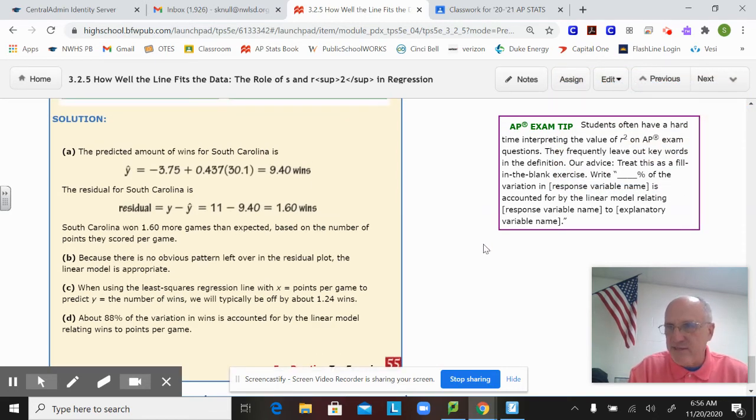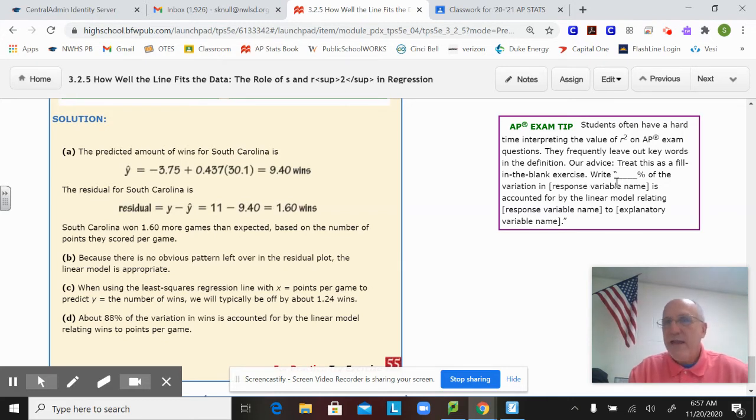And here, this is the box to key on. I like this. Again, I've said this before. Whenever in your book you see one of these AP exam tips, read it carefully because they're designed to be helpful. It says students often have a hard time interpreting the value of R squared. They frequently leave out keywords in the definition. Our advice, treat this as a fill-in-the-blank exercise.